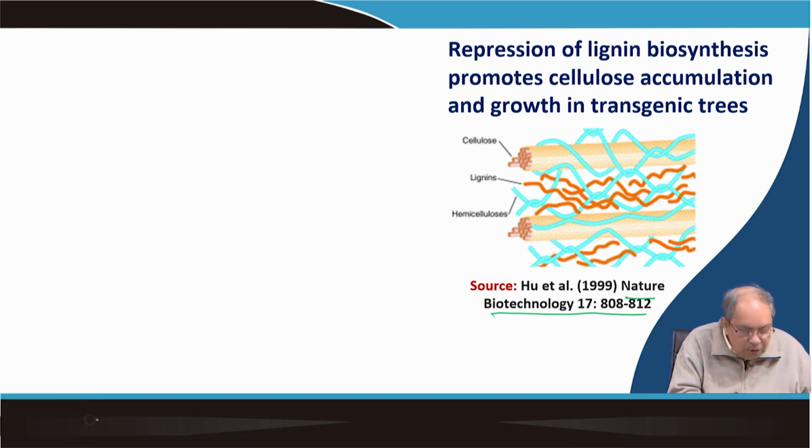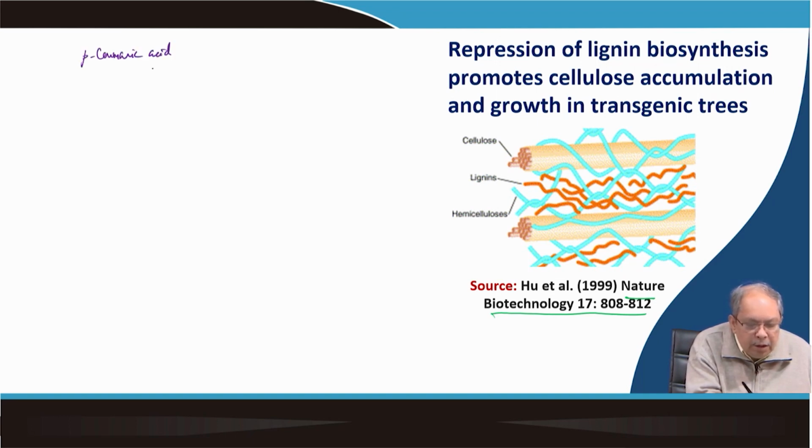as I have shown you, I will very briefly tell you the pathway. Cinnamic acid makes paracoumaric acid, and paracoumaric acid is converted into paracoumaroyl CoA.